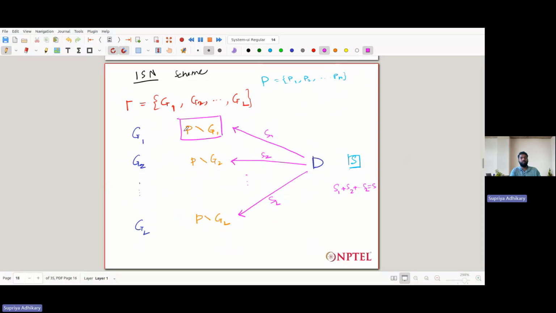So S1 is sent to G1 complement, that is P minus G1. S2 is sent to G2 complement, and similarly SL is sent to GL complement. So all these shares are shared among the parties in these sets.